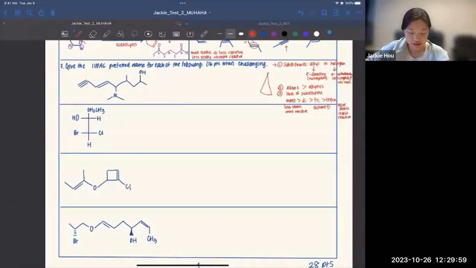I will say he won't do any weird branches like you guys probably saw over here. He also might not do multiple E/Z or R/S, but he might include things like Fischer structures.